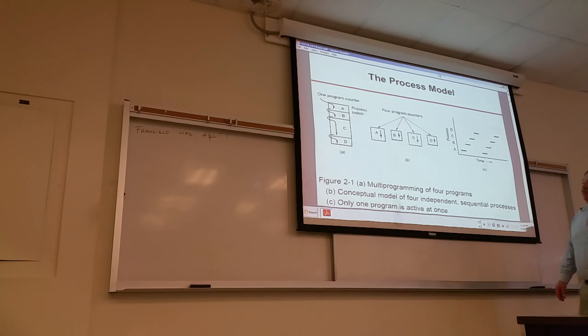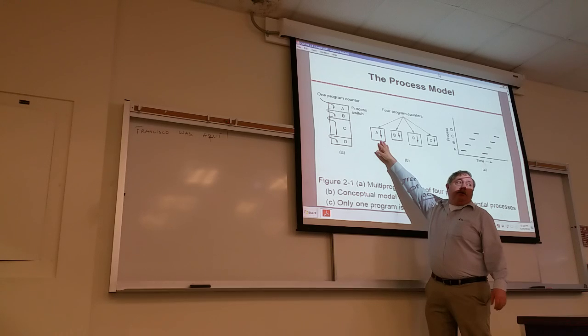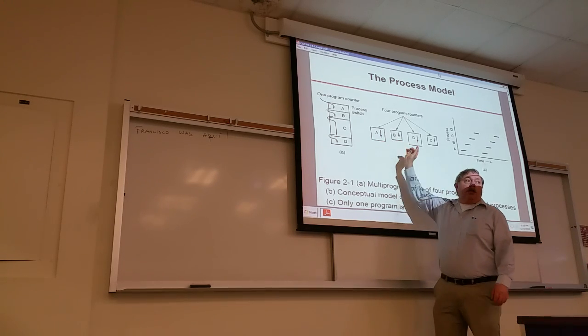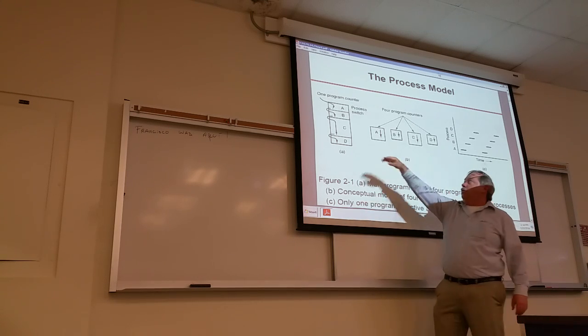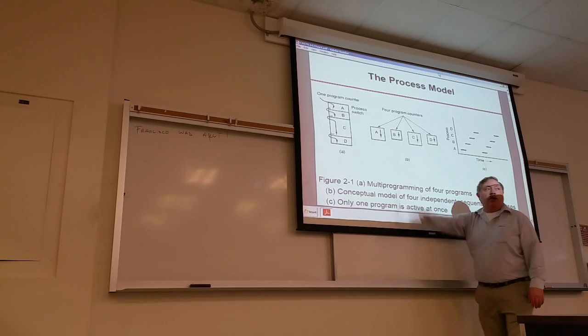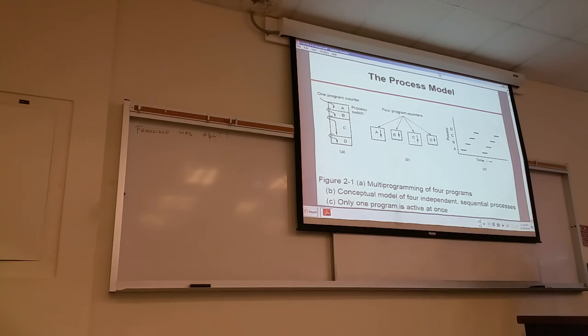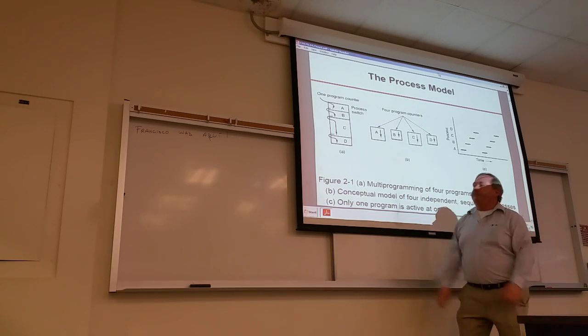Because if it has a copy of its program counter, then I can actually stop A and start B, and it will know the address of the next instruction it needs to go and execute. I can stop B and let A run again, I can stop B and let D run. By giving each process a copy of its program counter, I can switch between my processes like that.